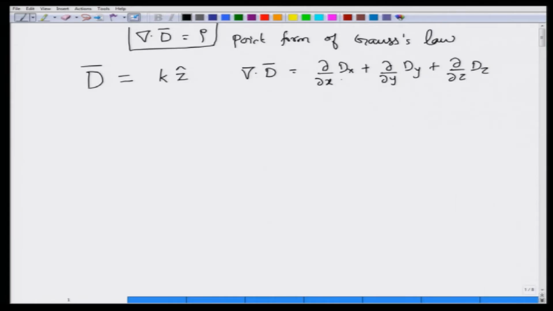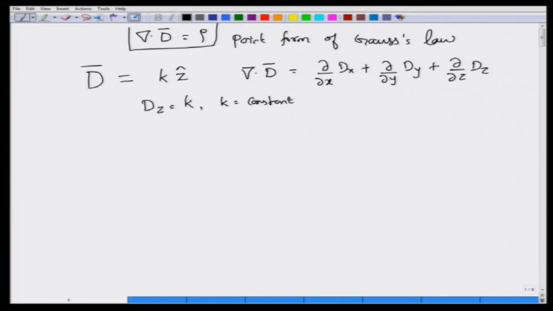In this case, you do not have a Dx component, you do not have a Dy component, the only non-zero component is the Dz component. And what is the value of Dz? Dz is equal to k, where k is a constant.